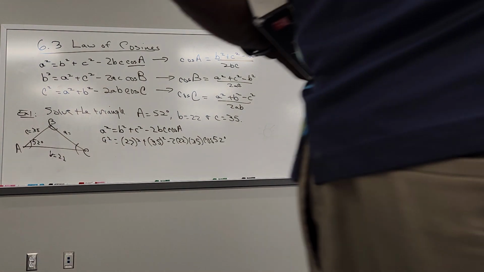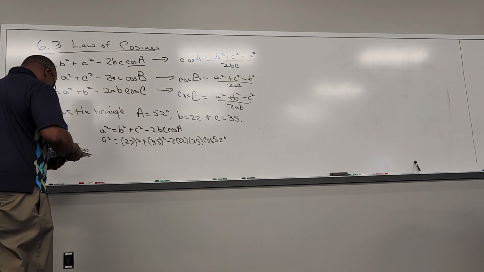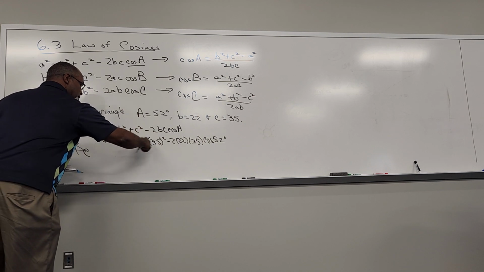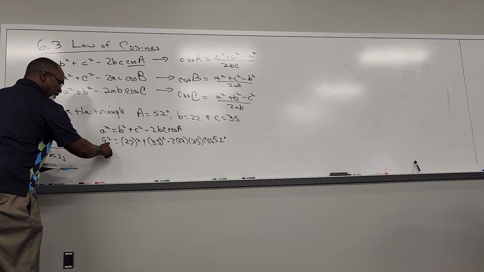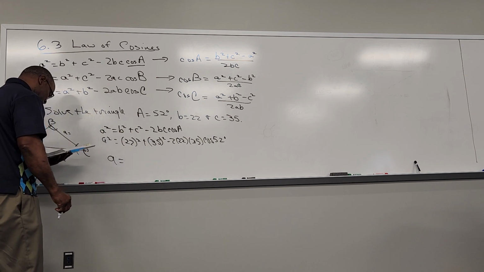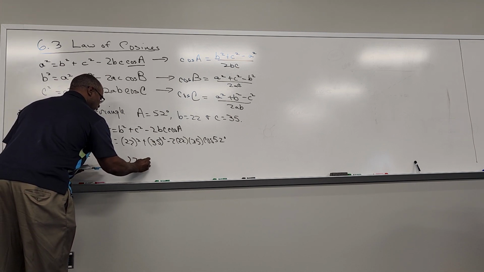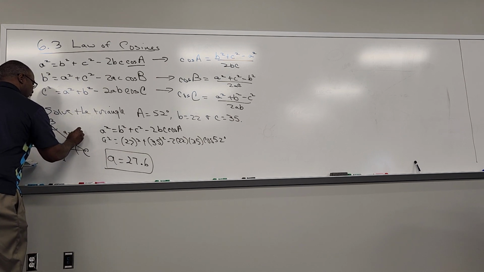You can take your calculator and do all these calculations. I'm not going to do it all. I'll square and multiply everything, and since this is A squared, to get A I'll take the square root of the number I have here, and I'll get 27.6. That's A. So A is 27.6.